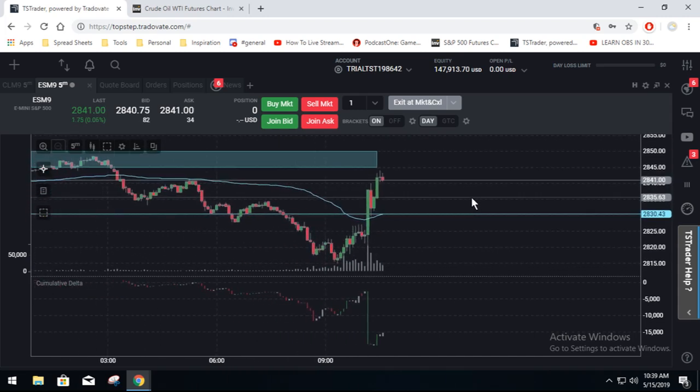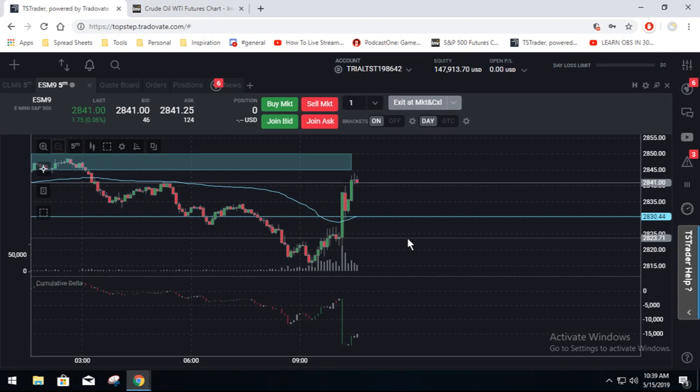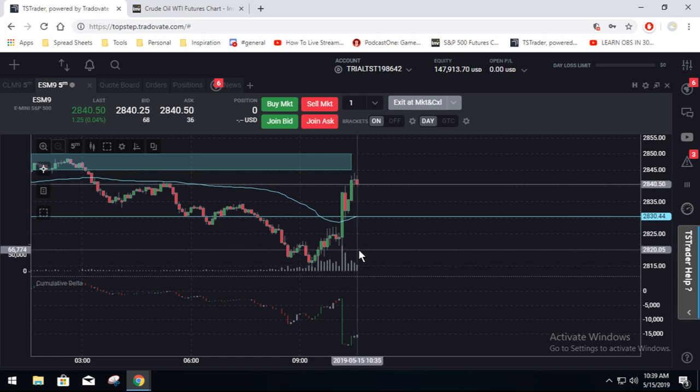Five-minute doji. Be patient, wait till the end of the hour. Volume is on the low side.